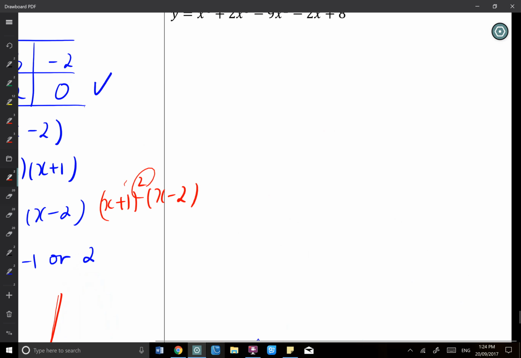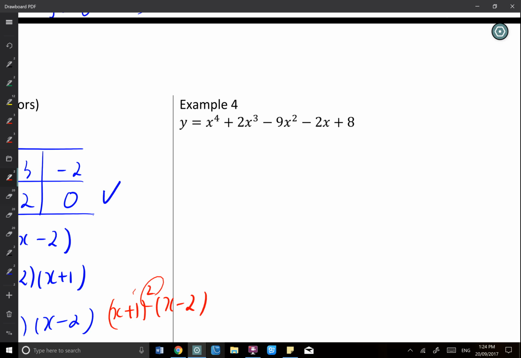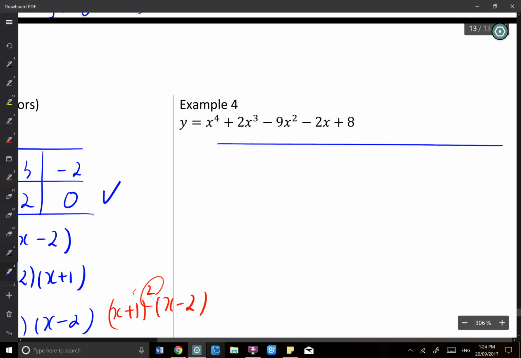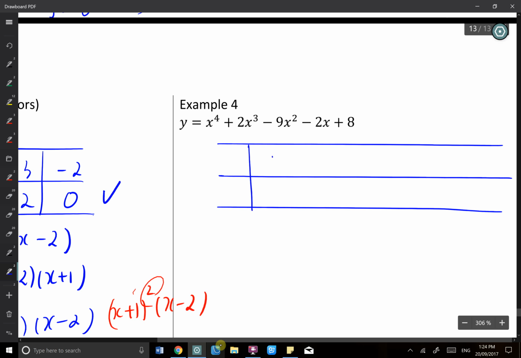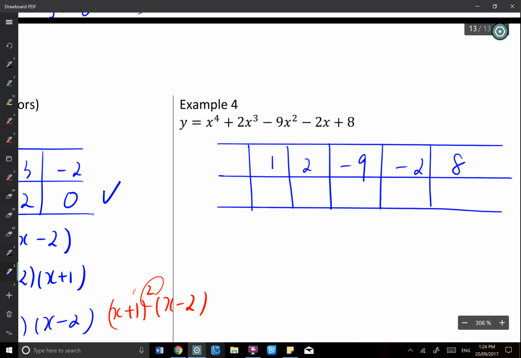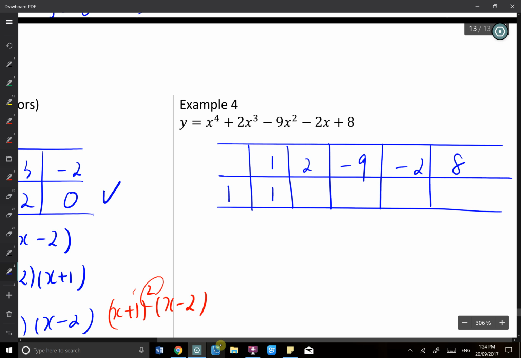Go back to this quoted graph. Okay, factorize that. -7 doesn't work.